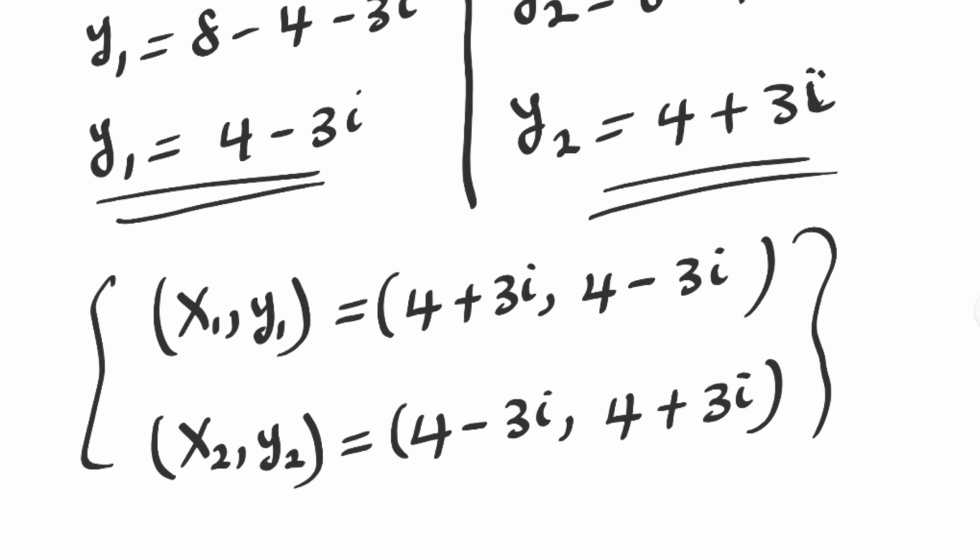These are the values of x and y. You can see that the value of x1 here is equal to the value of y2 here, and the value of y1 here is equal to the value of x2 here. We may check to confirm if this answer is right or wrong.